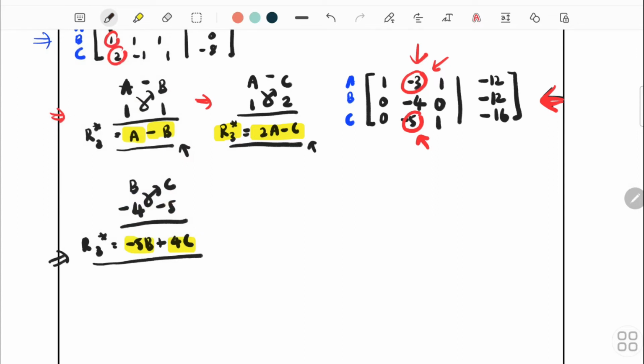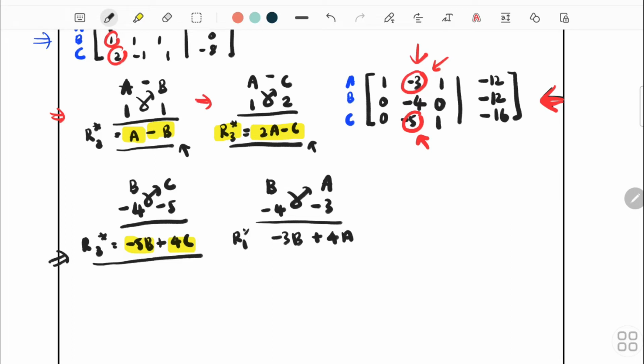This is the same thing that we have done from the Gaussian. We just need to add another step, which is B paired with A, because row A needs to be changed. The element for B is -4, the element for A is -3, so you just need to cross multiply. So you get -3B minus -4A, which means you have to add 4A.